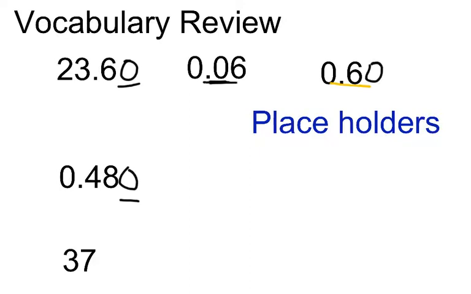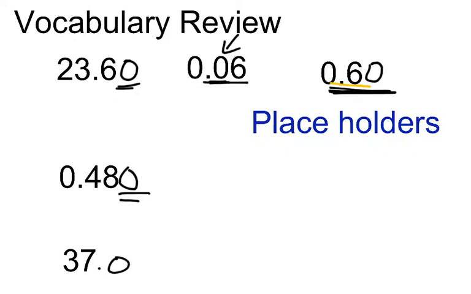Think of it as 6 cents versus 60 cents. The value is not the same. So when it is in the beginning of another number, it does matter. It's not just a placeholder that can be dropped. When it's only at the end of numbers, that's when we can drop that 0.